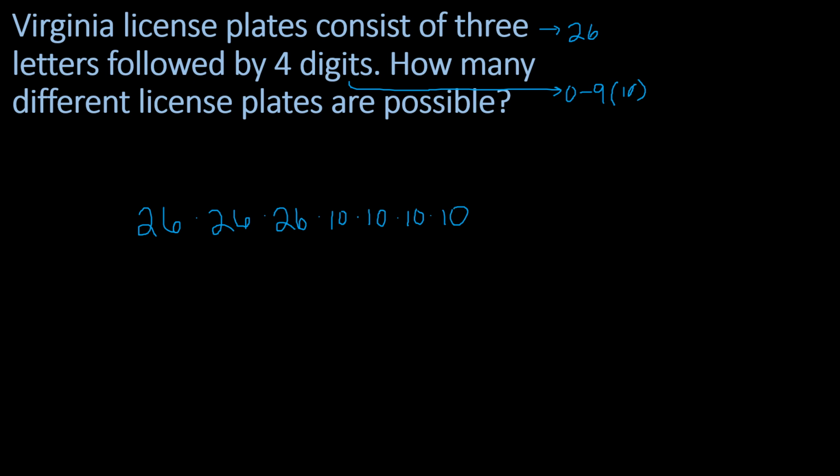If we wanted to rewrite this with exponents, we could say 26 to the 3rd power times 10 to the 4th power. But either way, when we solve this, you'll have to pardon me, I have to use my calculator. 26 to the 3rd power, we get 17,576 times 10 to the 4th power, that's going to be 4 zeros.